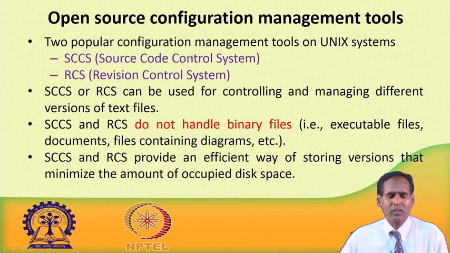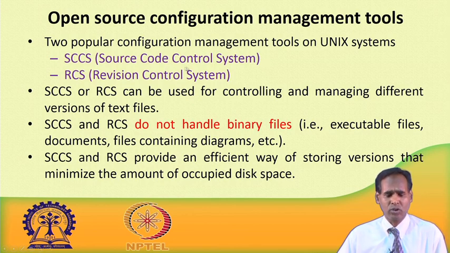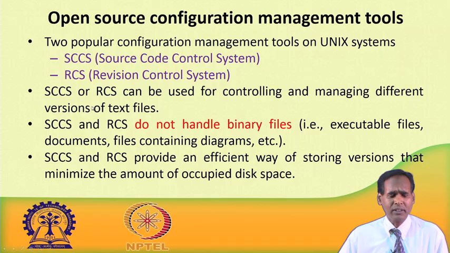Two popular configuration management tools on Unix systems, which are open source, are SCCS, the source code control system, and RCS, the revision control system. Either SCCS or RCS can be used for controlling and managing different versions of text files. Please remember, they can be used for managing different versions of text files.